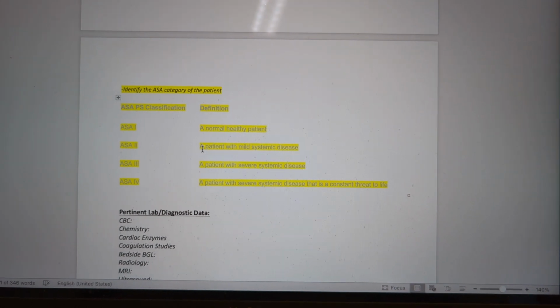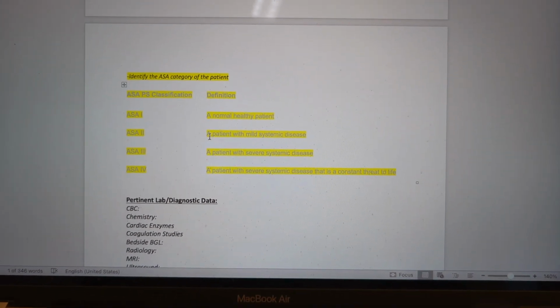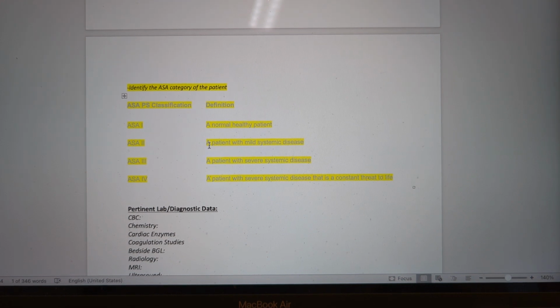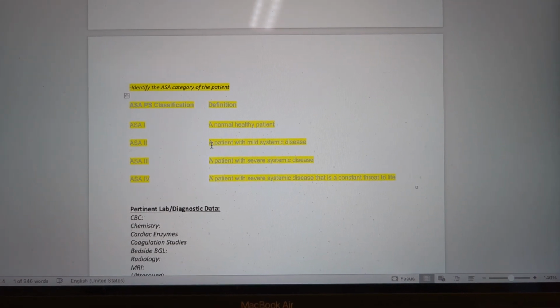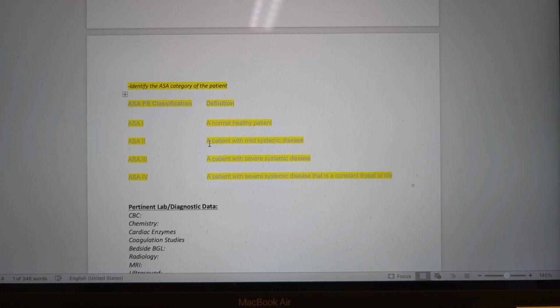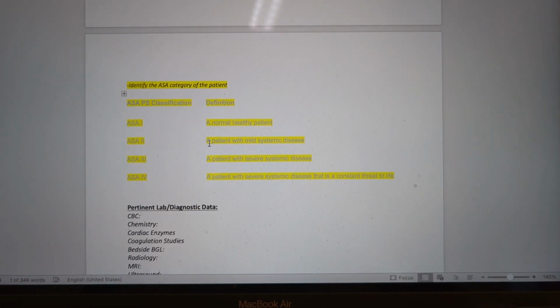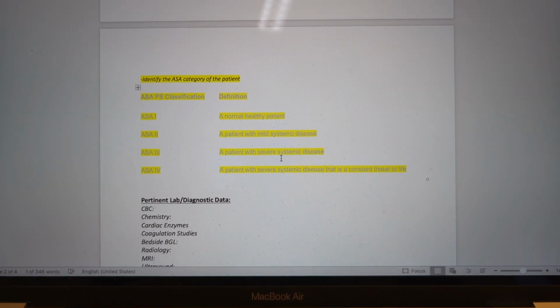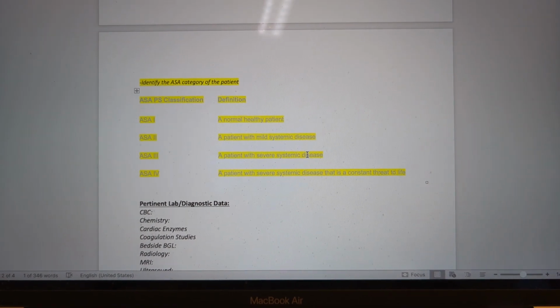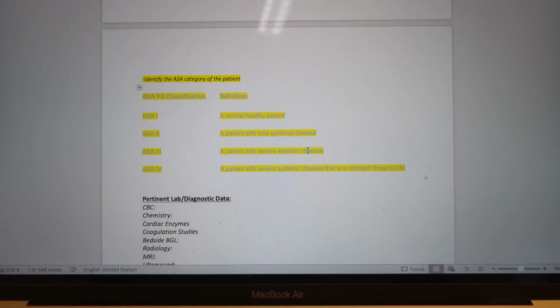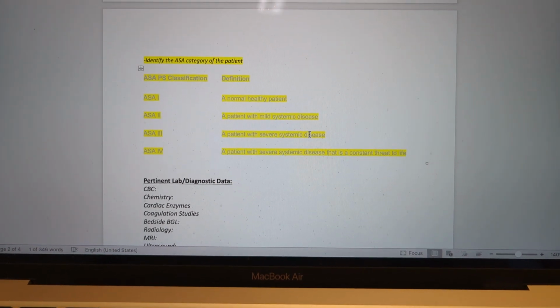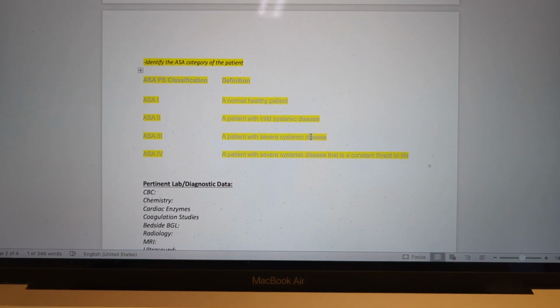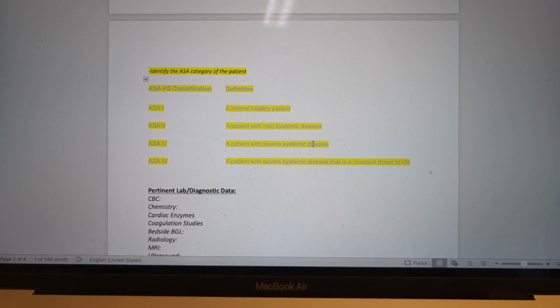And ASA 2 is a patient that has mild systemic comorbidities, so things like asthma, diabetes, maybe very mild heart failure, or some chronic renal insufficiency, or managed hypertension. A lot of patients are going to fall into this category. ASA 3 are patients that have severe systemic diseases. So think of more severe congestive heart failure, poorly managed diabetes, morbid obesity, those kinds of things. Cancers may fall into this as well.